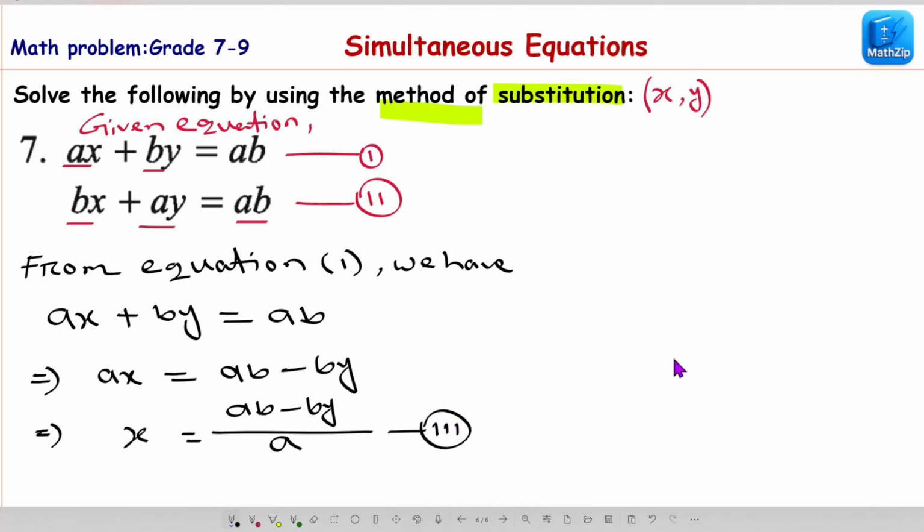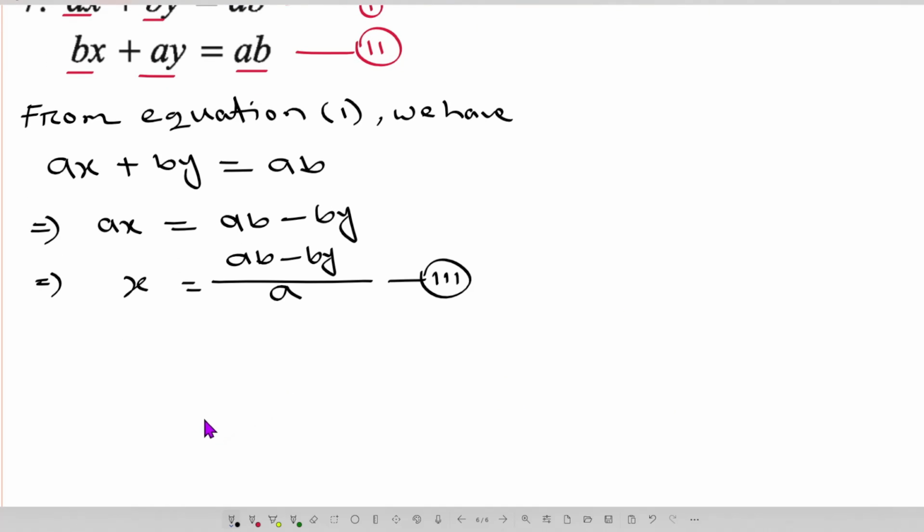Now we will put this value into equation 2, right?